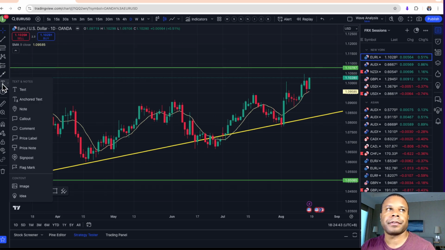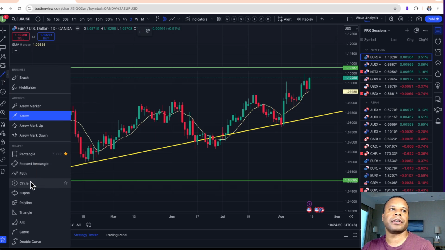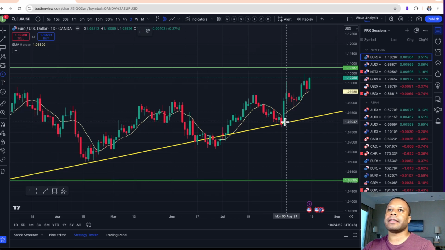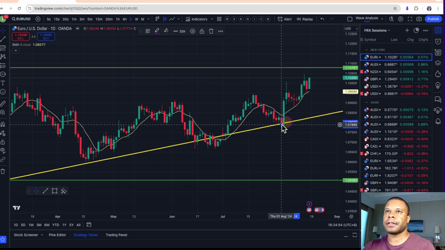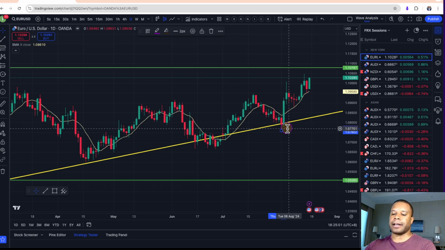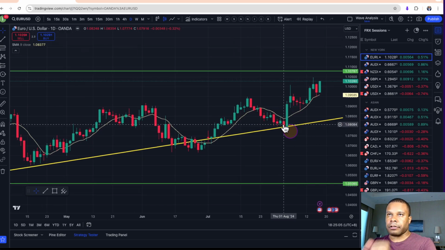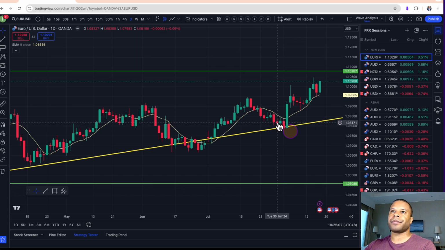So, for example, let me get my tool here again. If we were to take this big green candle, the previous 9 candles are: 1, 2, 3, 4, 5, 6, 7, 8, 9.